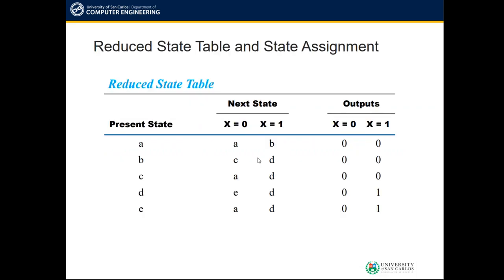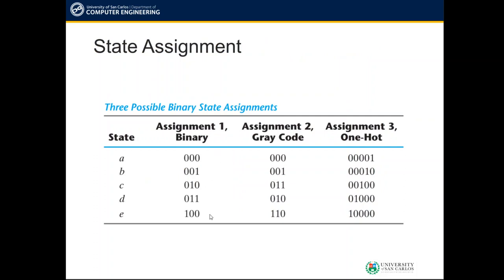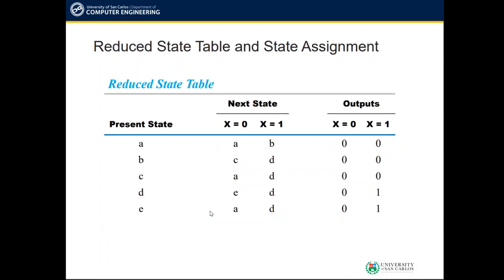Just to give this step by step, we'll use the previous example, the reduced state table. You want to assign the states to their equivalent binary bits using binary assignment here. To use the equation, m is again the number of states. How many states are there?